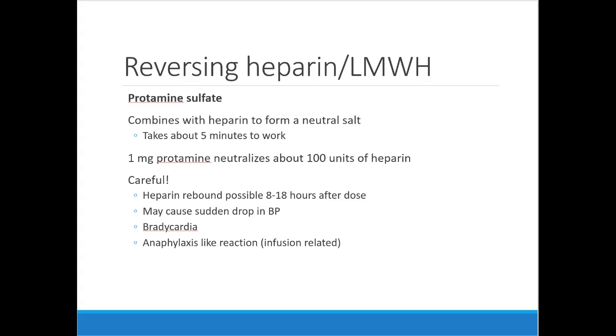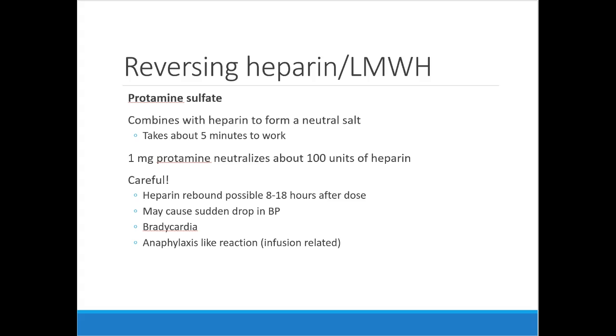So. All right, how do we reverse these? What if we do go overboard or somebody's bleeding? There's a drug called protamine sulfate, and what it does, it combines with heparin or low molecular weight heparin to form a neutral salt. It takes about 5 minutes to work, and 1 milligram of protamine neutralizes about 100 units of heparin.